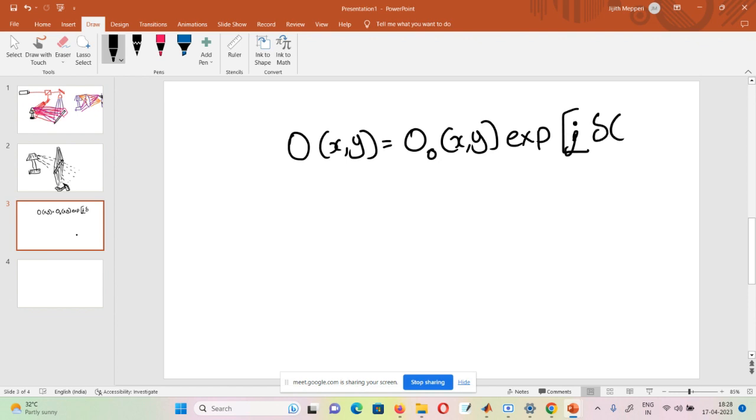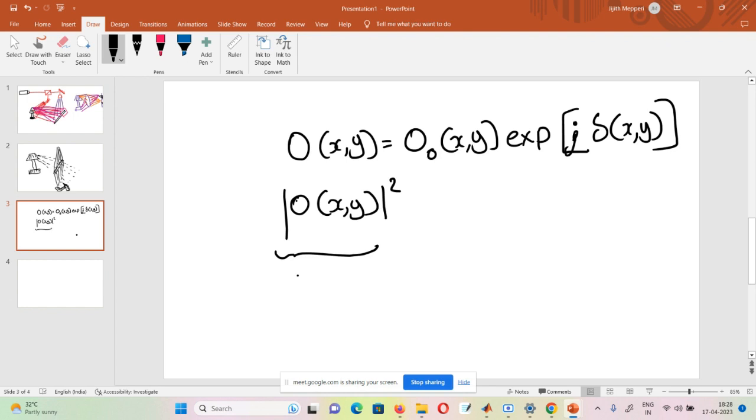Say delta(x,y), something I'm writing like this. This actually contains complex phase information, but I am taking the modulus square of this term. This is an amplitude information, I can say intensity information.